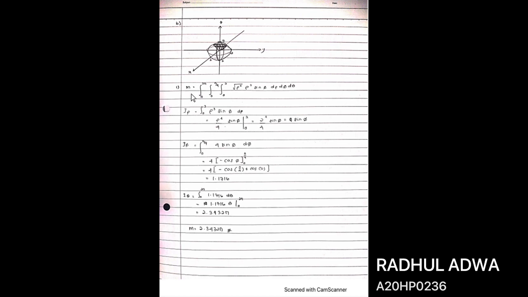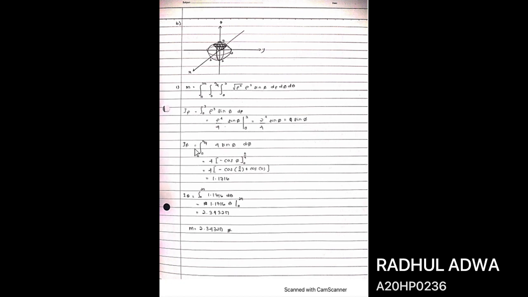To find the mass, we can use the formula with limits 0 to 2 pi, 0 to pi over 4, 0 to 2, rho squared times rho squared times sin phi d rho d phi d theta. So first, we need to integrate with respect to rho, 0 to 2 rho to the power of 3 sin phi d rho, and we get the answer 4 sin phi.